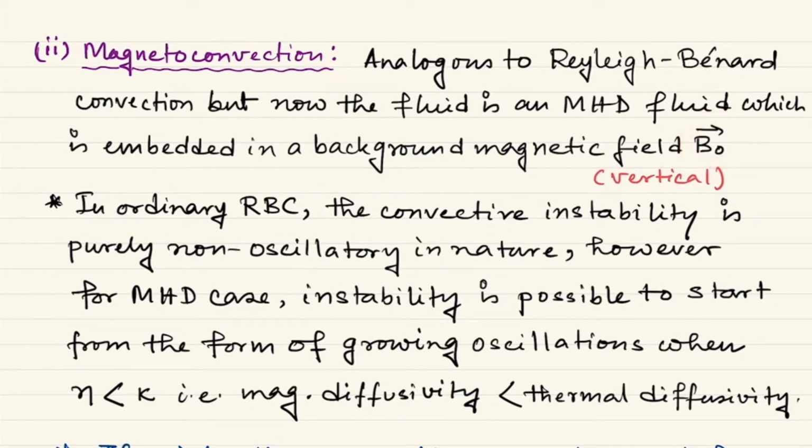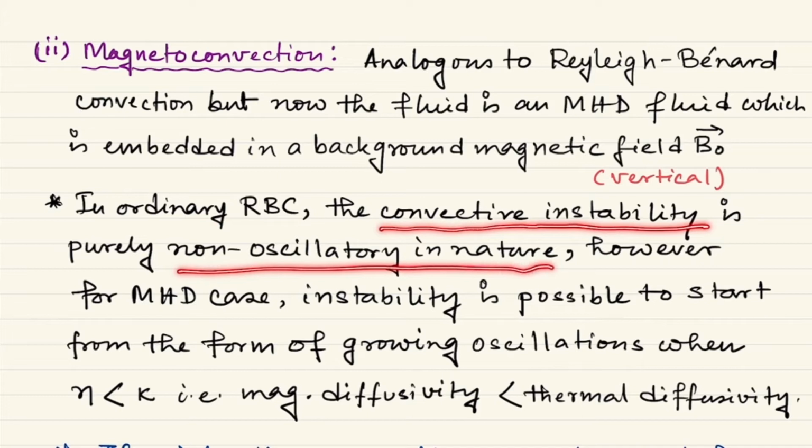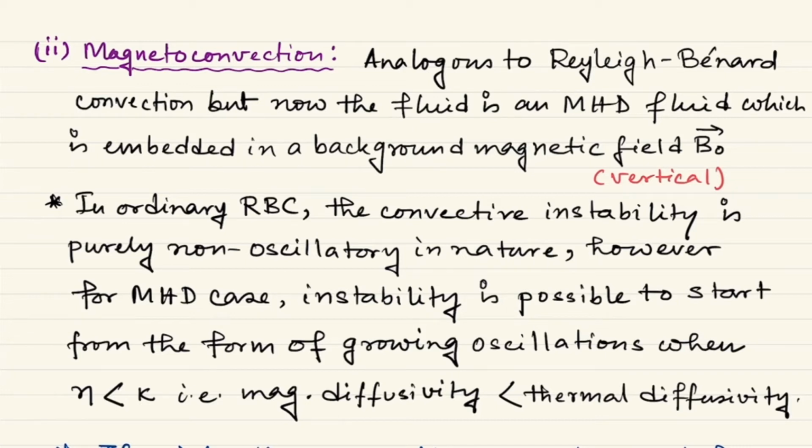In ordinary RBC, the convective instability is purely non-oscillatory in nature. If you remember the nature of the solutions, when the instability was setting in, the system was totally non-oscillatory.